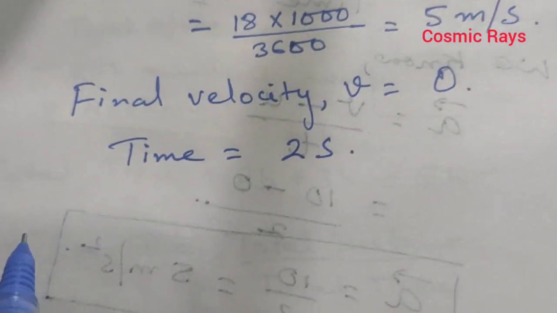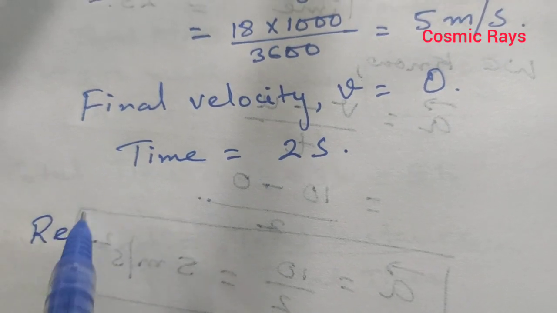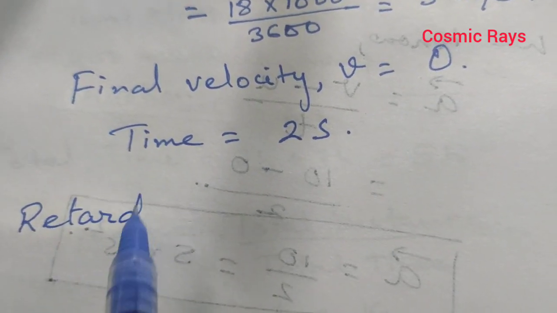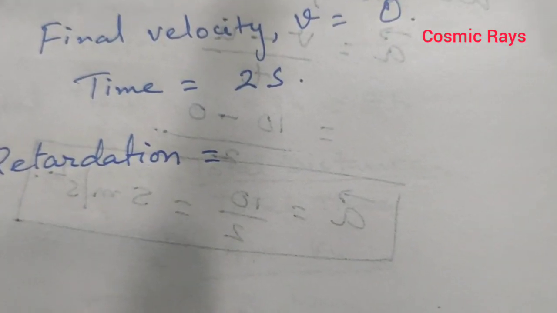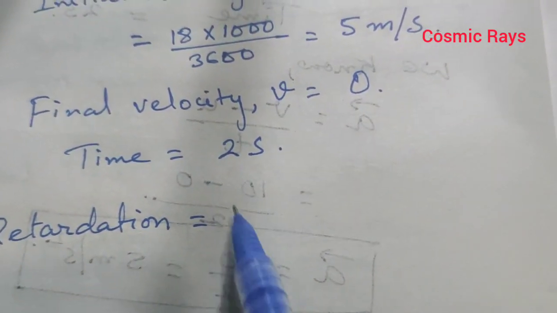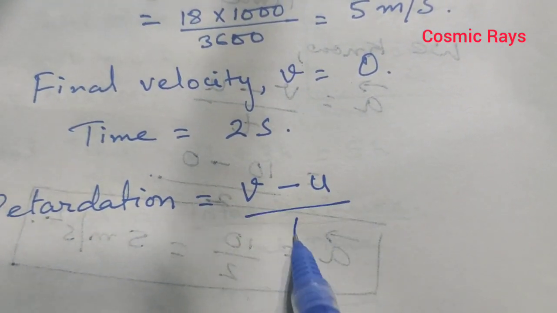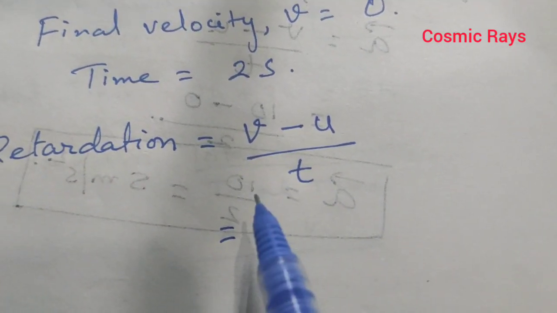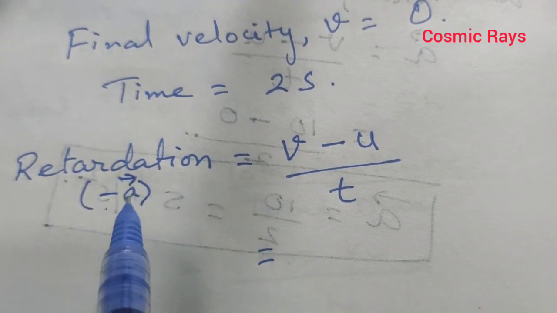So we have to find the retardation. So here retardation, or we can write acceleration also. As it is, we are going to get the result in minus. So retardation is final velocity minus initial velocity upon time. So that is, retardation is nothing but negative acceleration, please remember.